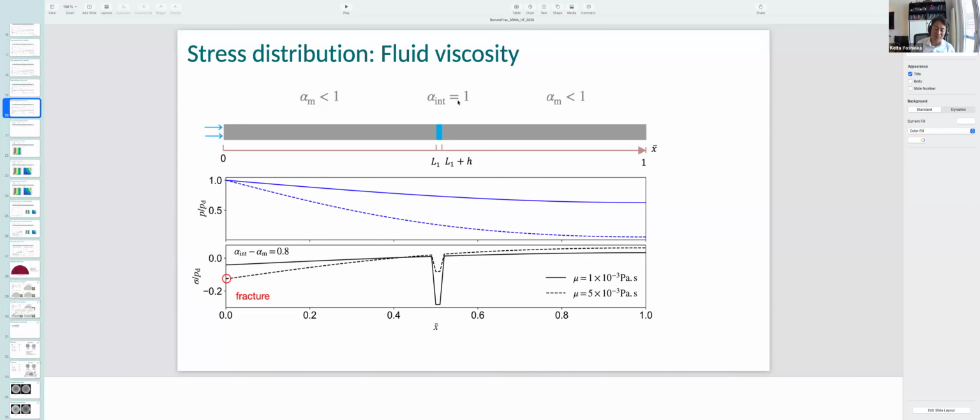And even though fluid viscosity is too low to induce fracture at the injection point, it may be enough to induce fracture at weak interface. So in this situation, you will have fracture not at the injection point, but at a distance at weak interface.